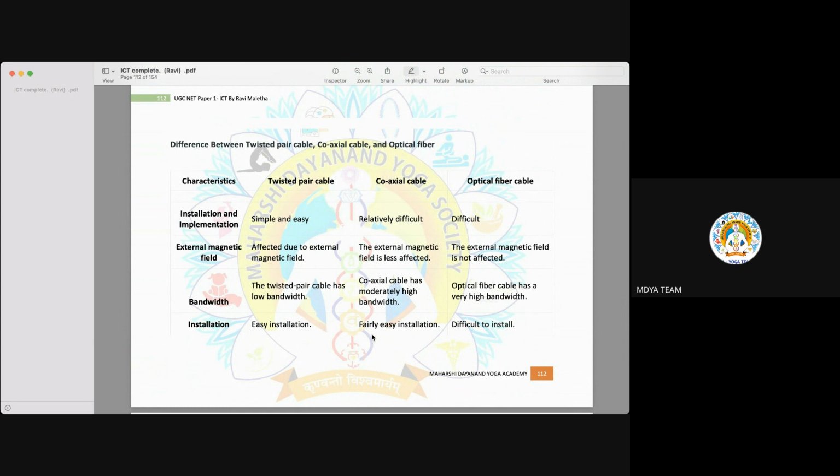In coaxial, it is relatively difficult, but not much more difficult, because various types of connectors are required in case of coaxial cable. And optical fiber cable is somewhat difficult in installation and implementation.